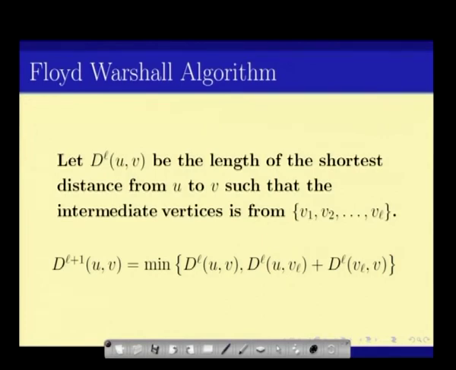The shortest path is again easy. Here again DL(U,V) is the length of the shortest path from U to V that uses intermediate vertices only from V1 to VL. Now, what can this path be?